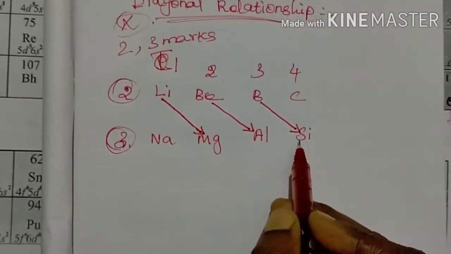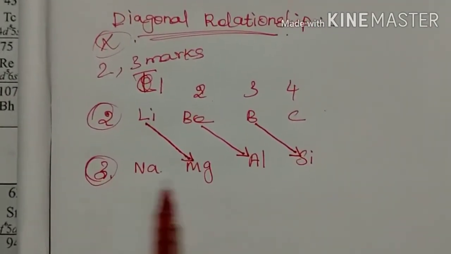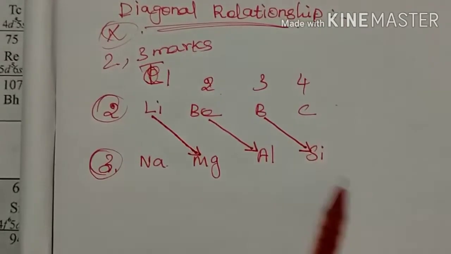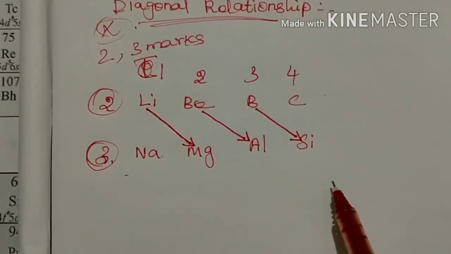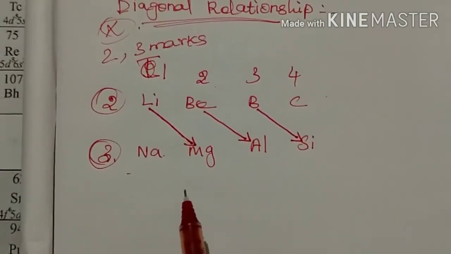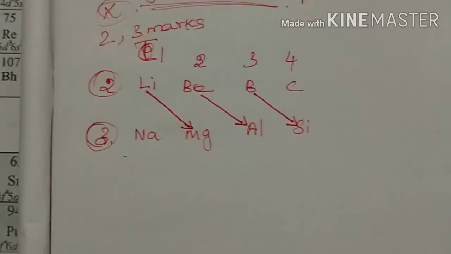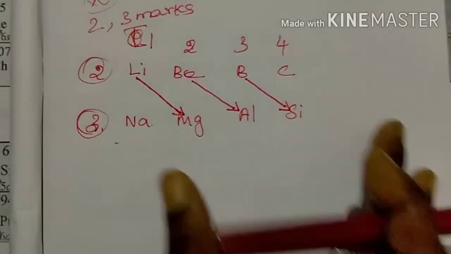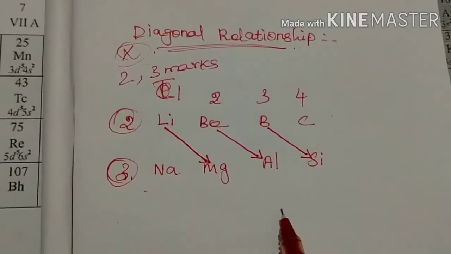And the character of boron from the second period is similar to silicon, which is present in the third period. So these elements are placed diagonally in the modern periodic table. The elements placed in diagonal positions with similar properties show what is generally called diagonal relationship. But it is not the same for all the elements in the group; it is the same only for the elements shown in this figure.